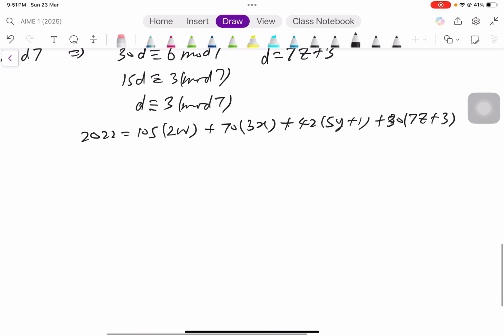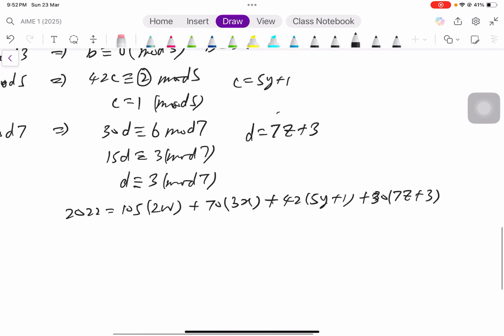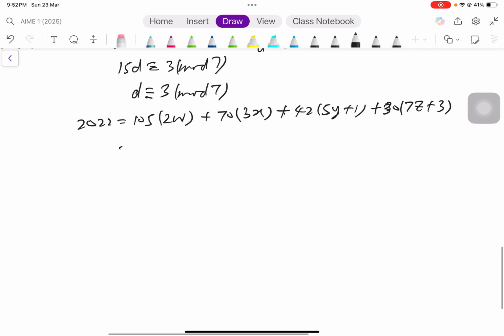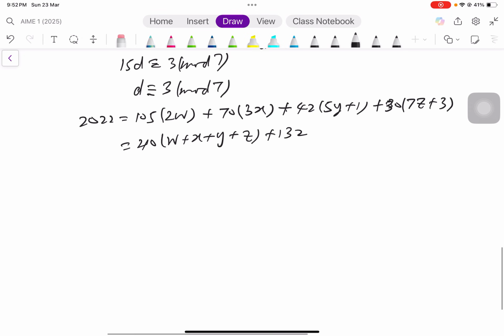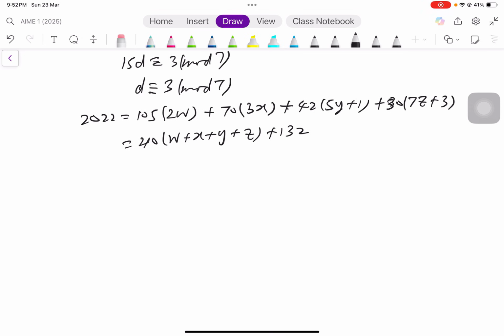Therefore, what you get is 210(w plus x plus y plus z) plus 132. And basically, can you see that this part will be just 9? That means w plus x plus y plus z is actually equal to 9.